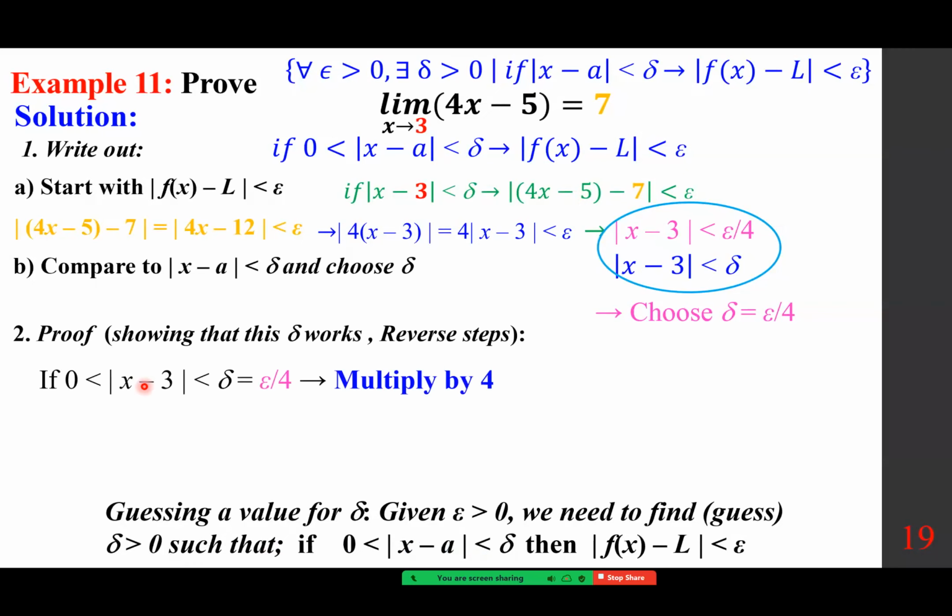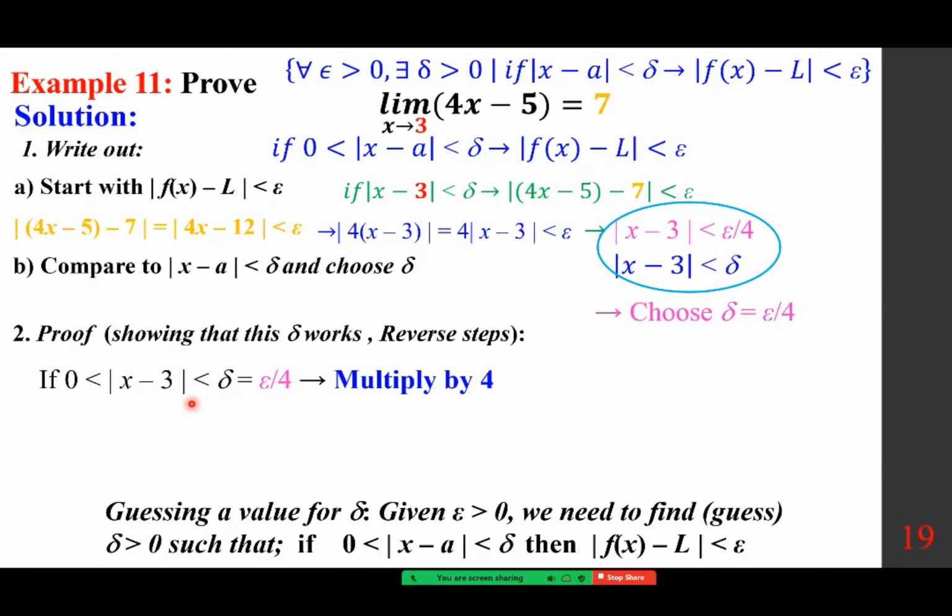If this thing is the case, how do I get to this part? Remember, I want to go from here to here. I'm going to make some changes. The very first thing I want to do, when we chose that delta is epsilon over 4, I'm going to multiply both sides by 4.